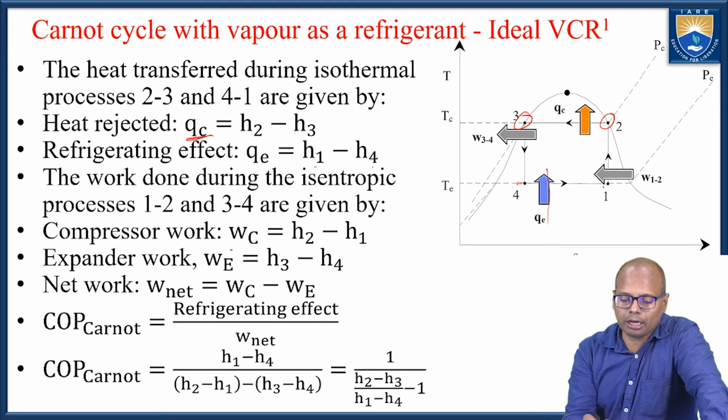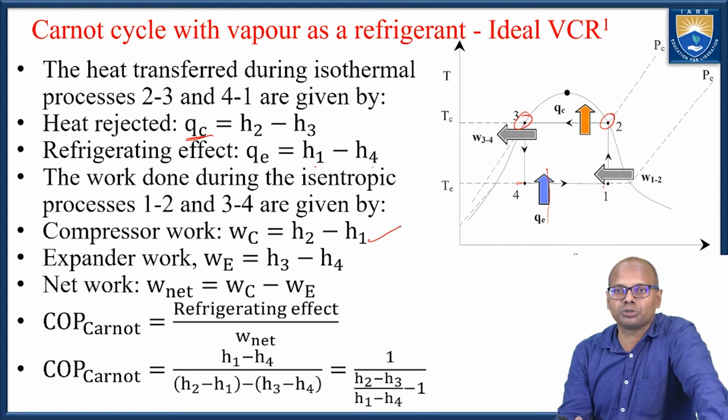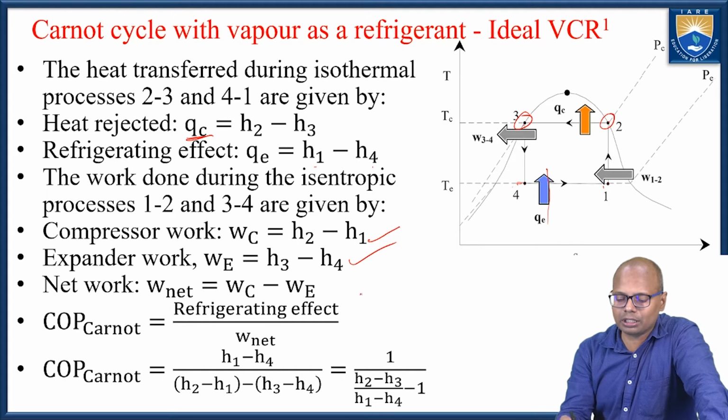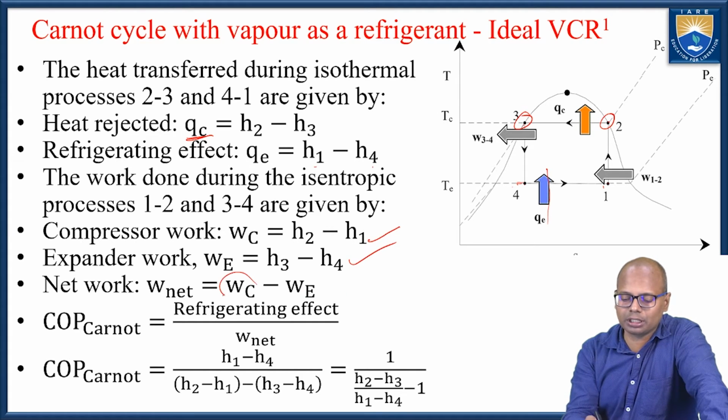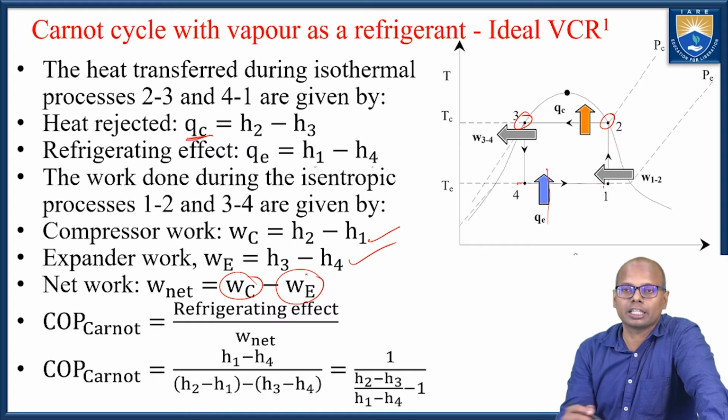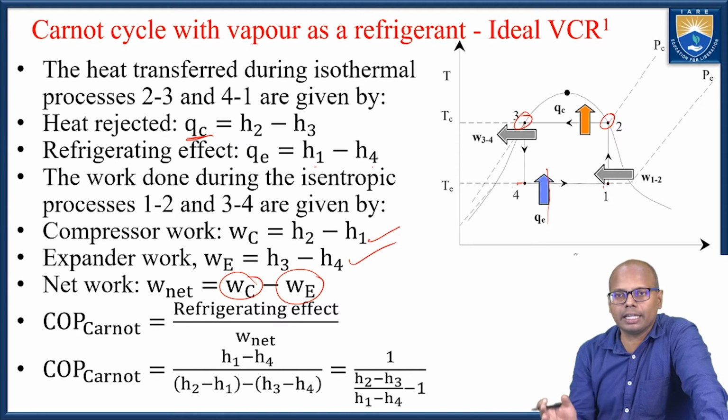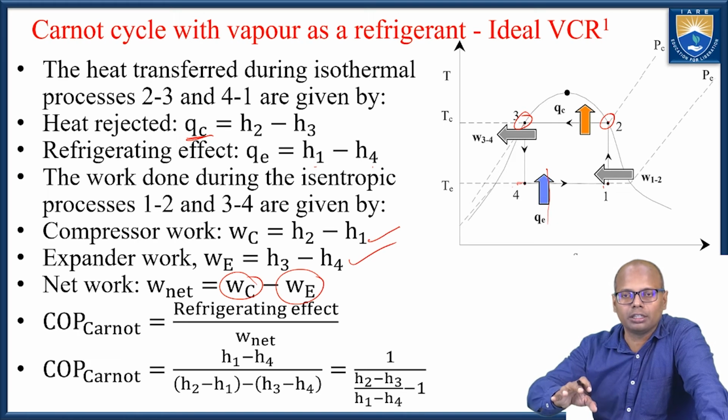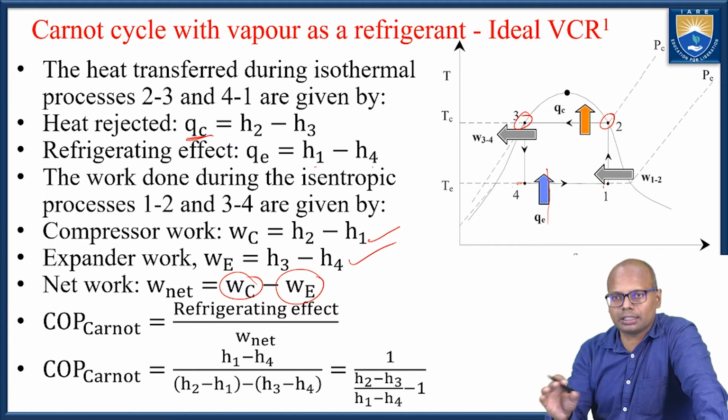So the compressor work is H2 minus H1, and the expander work or the turbine work is nothing but H3 minus H4. So what is the net work? The net work is nothing but the compressor work minus the expander work. That is the net work that we have to supply to this cycle.